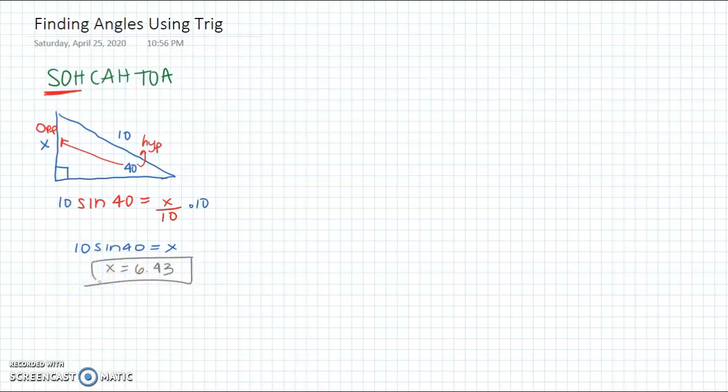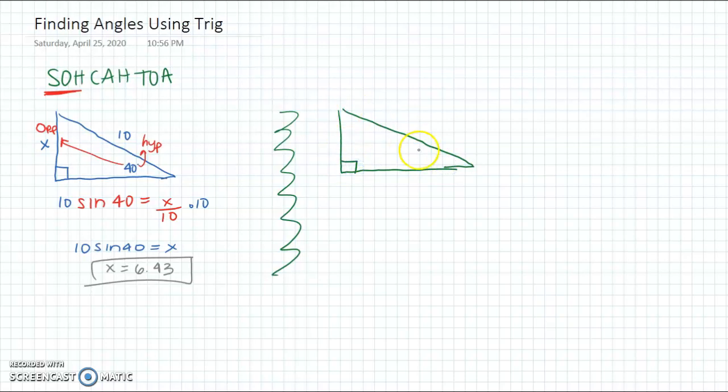And this would be 6.43 feet or miles, whatever is associated with this particular triangle. Now let's say that my problem is a little bit different. We still are going to have right triangles. For your purposes, you are only going to use right triangles with trigonometry. And let's say that this time my x is my angle. And let's say that we have this side is 7 and this side is 12.